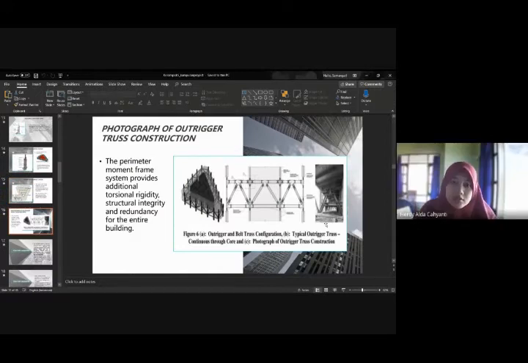Okay, photograph of the structure. The outrigger moment frame system adds rigidity and structural integrity and reduces the sway of the entire building.